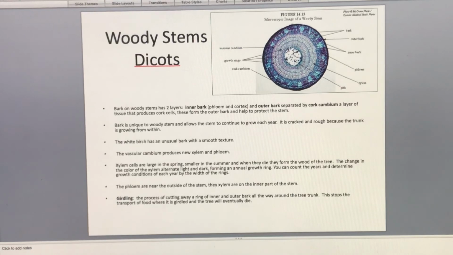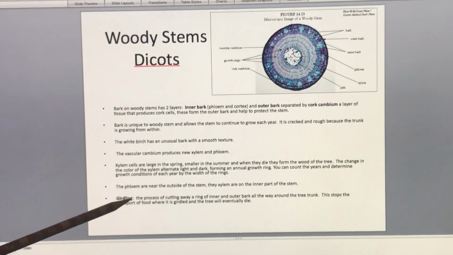All right, and then finally, we also see that the phloem are near the outside of the stems. Grab my pencil. So you can see the phloem here. That is more on the perimeter, the outside of the stem. Because of the position of those phloem cells, you can perform what's called girdling on a tree.